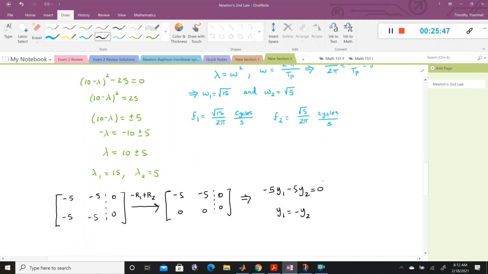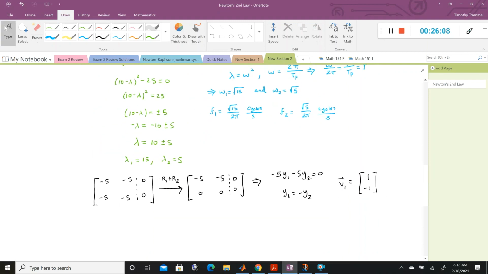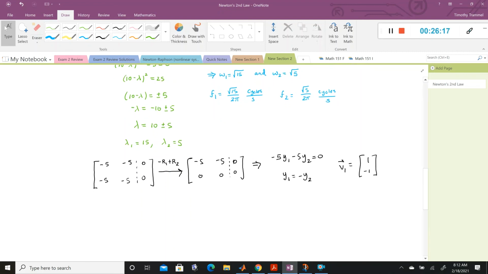So our eigenvectors are going to take the form of having the opposite sign for y1 and y2. It'll look something like this. The only difference between this eigenvector and the one that we found in MATLAB is that the one in MATLAB is length 1. This one here would be length the square root of 2.